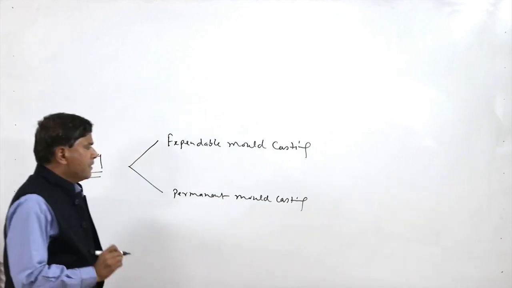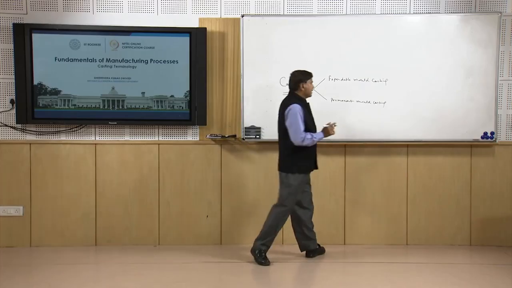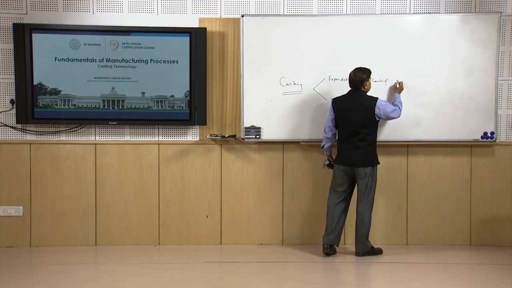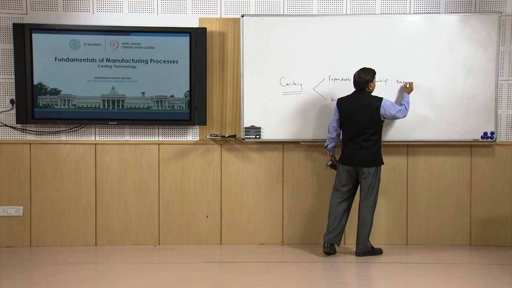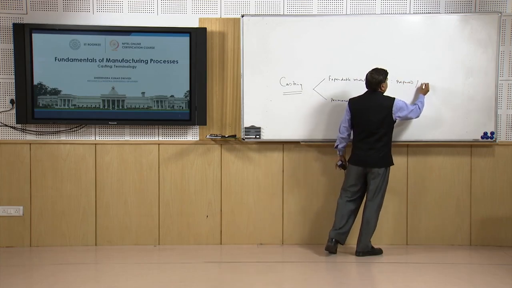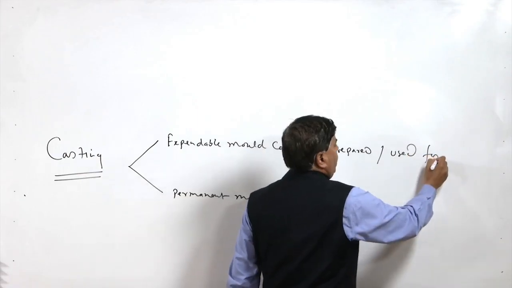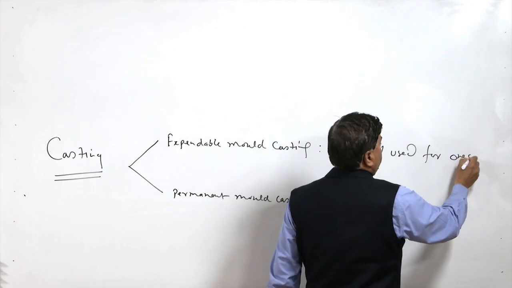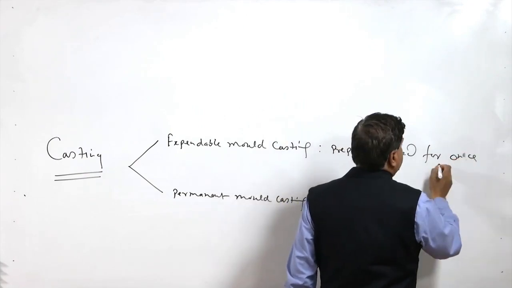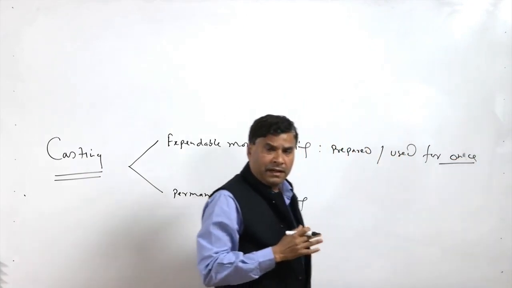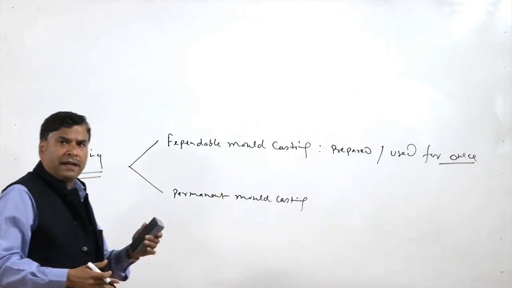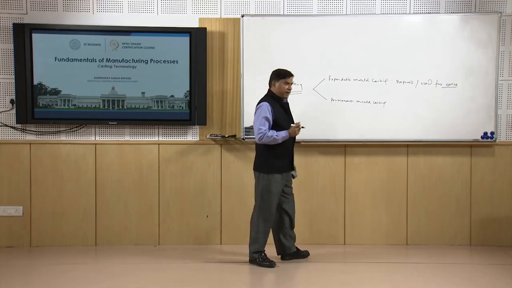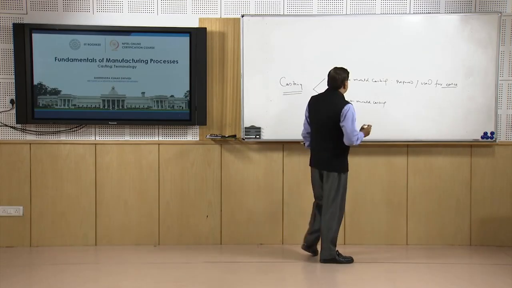In the case of expendable mold casting, the molds are prepared and used only once, which means one casting is made, then the mold needs to be destroyed, and again another mold is to be prepared for making another casting.